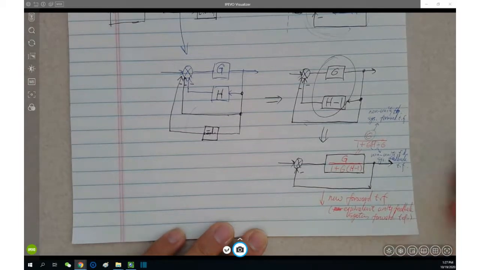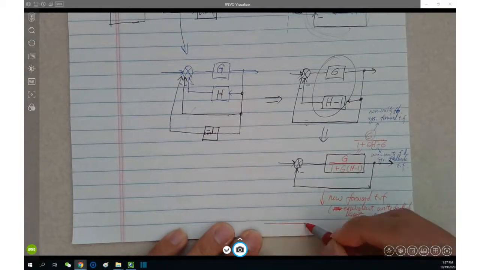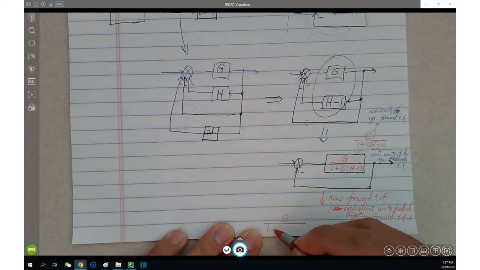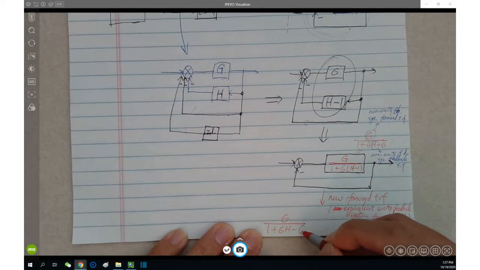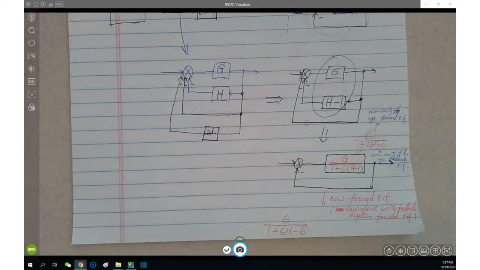Who is it? Just this, G over 1 plus GH minus G. Right? It's the new equivalent unity feedback system forward transfer function.